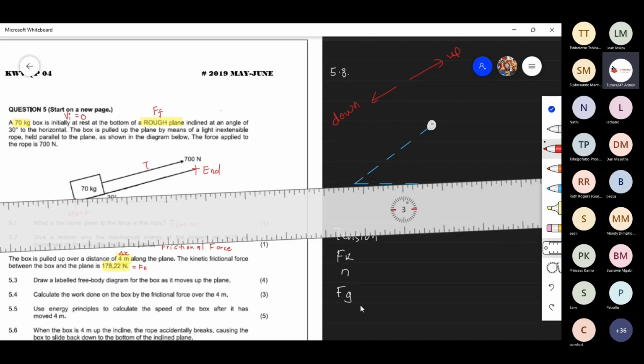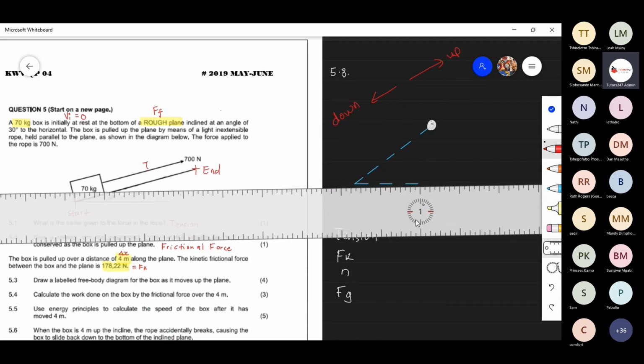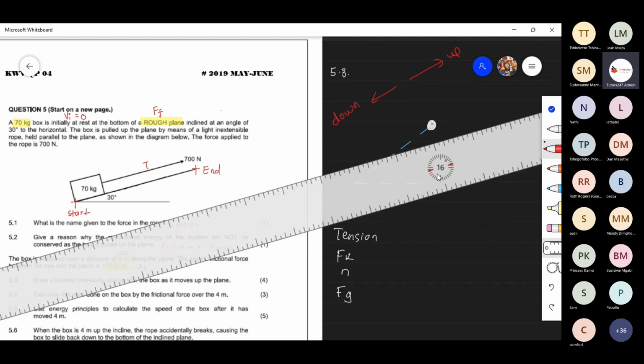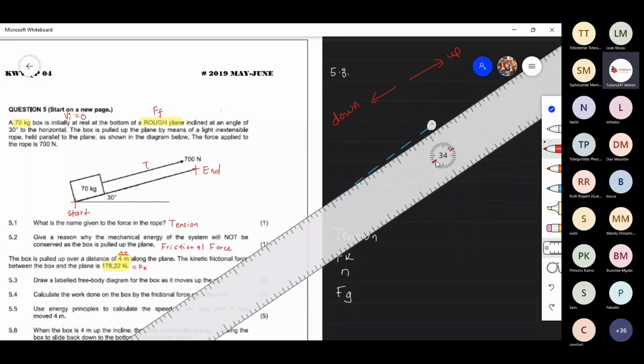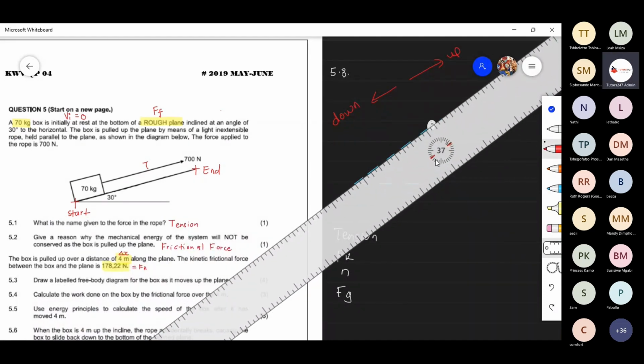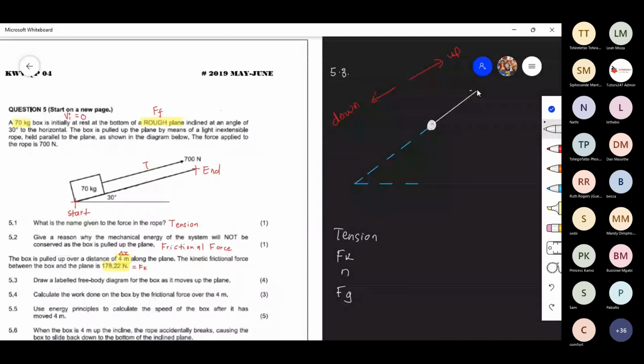So we take our ruler and we put it in the same line as our plane. You can just line up your ruler with your plane and you can draw your force. So this is our force of tension, and that is represented by a T for tension.